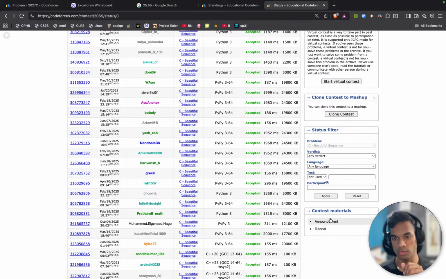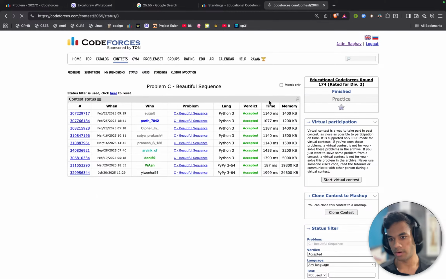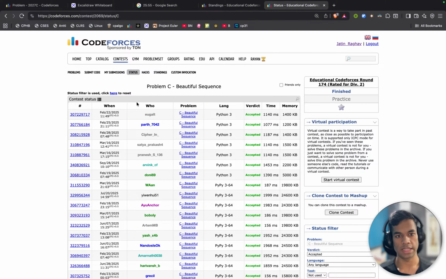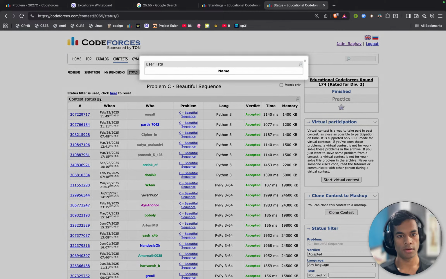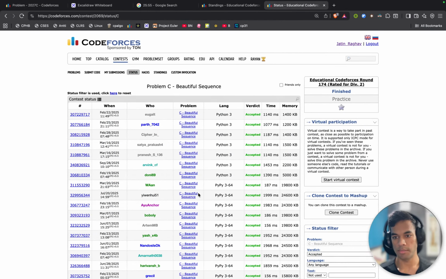Verdict, language, any verdict like accepted, apply, and also time. I can reorder columns. Hold Alt, Control, click. So you can drag and drop columns to reorder them. But I want to sort the thing. How can I sort this? I am already here.